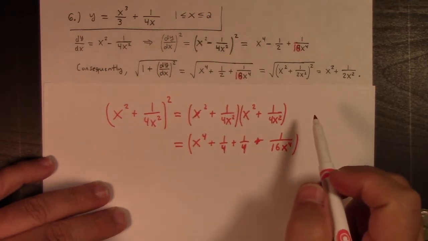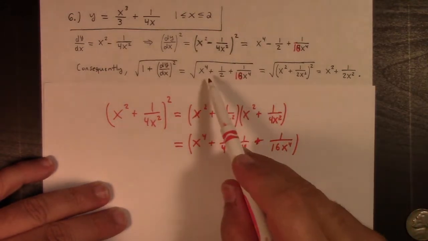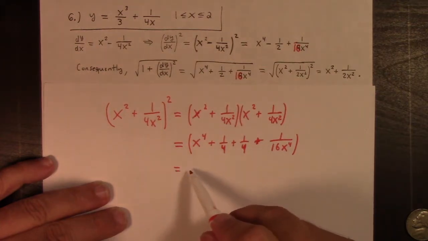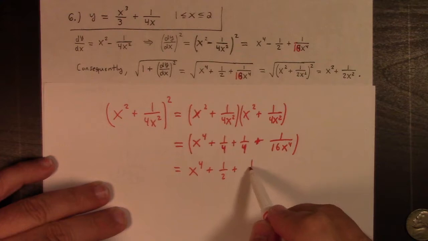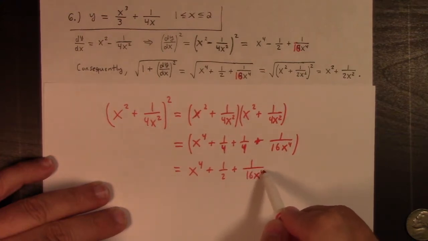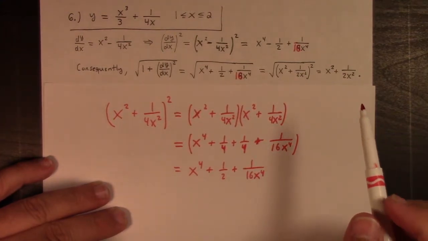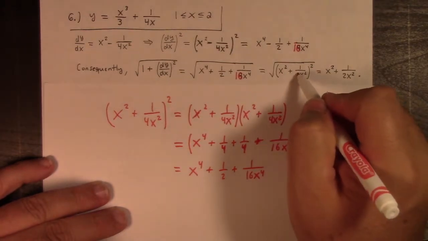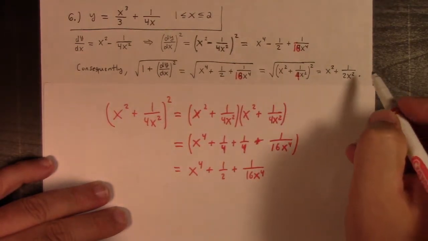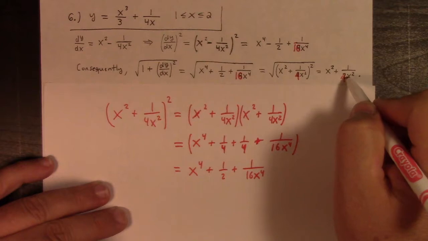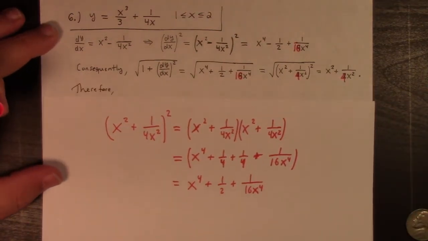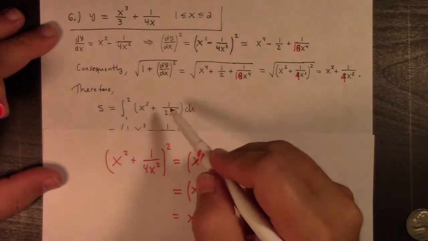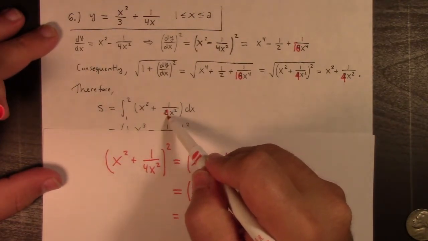And that is exactly x to the 4th plus 1/2 plus 1 over 16x to the 4th. Okay, so the fix is simple. This is supposed to be a 4 here. That's a 4. This is a 4, right? Therefore, I'm an idiot. 4.